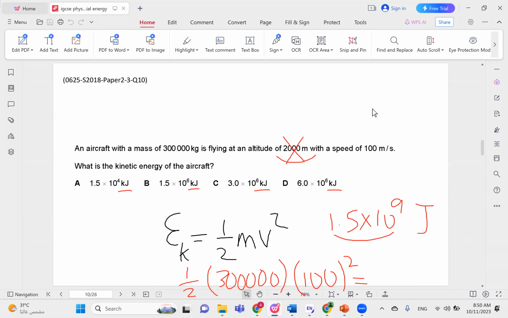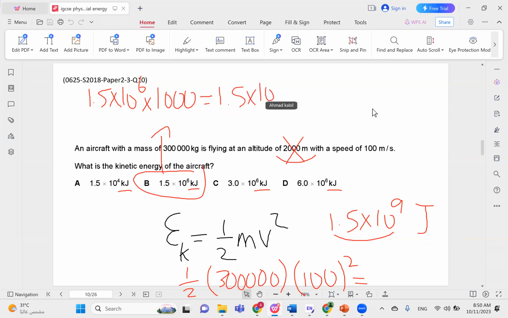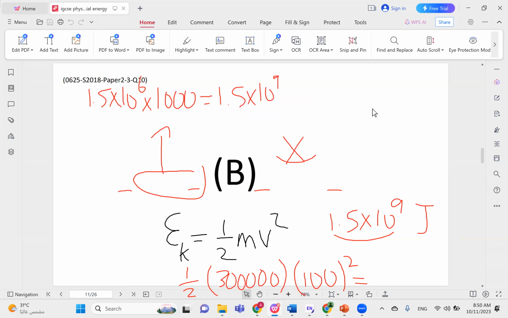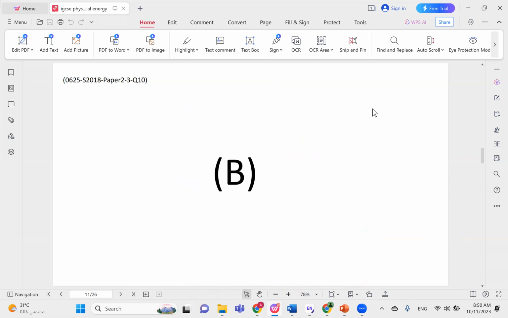So the correct choice here would be choice B, because you need to multiply all the choices by 1,000 to get your answer. So this is equal to 1.5 times 10 to the power of 6 times 1,000 to convert it from kilojoules to joules. And that gives us 1.5 times 10 to the power of 9, which is the same as what we got. So the correct choice here is choice B.